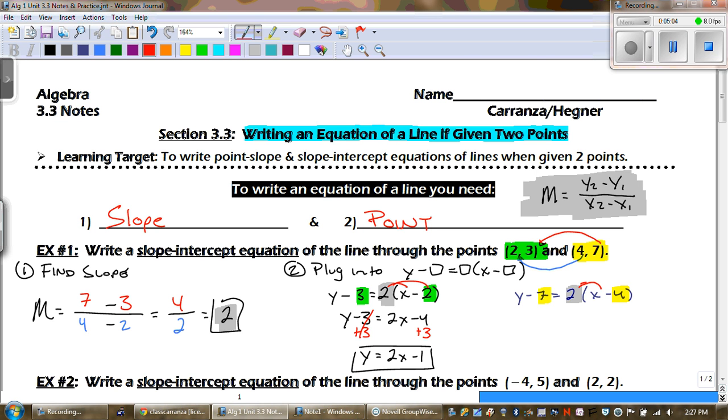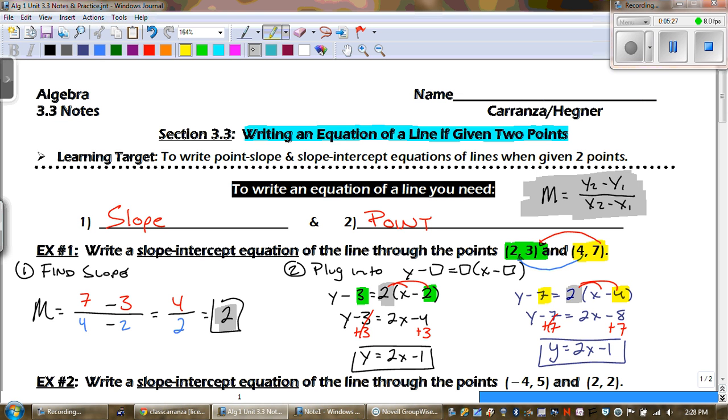So we're going to do the same thing and distribute, where we get y minus 7 equals 2x minus 8, and we have to add 7 to both sides. And what do you know? What do we get? y equals 2x minus 1.